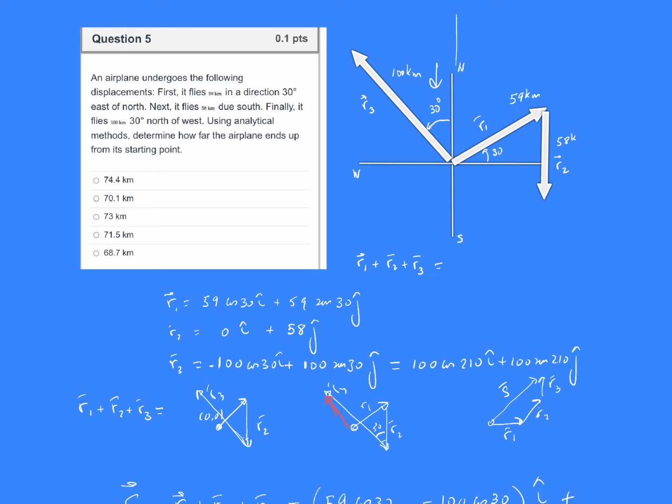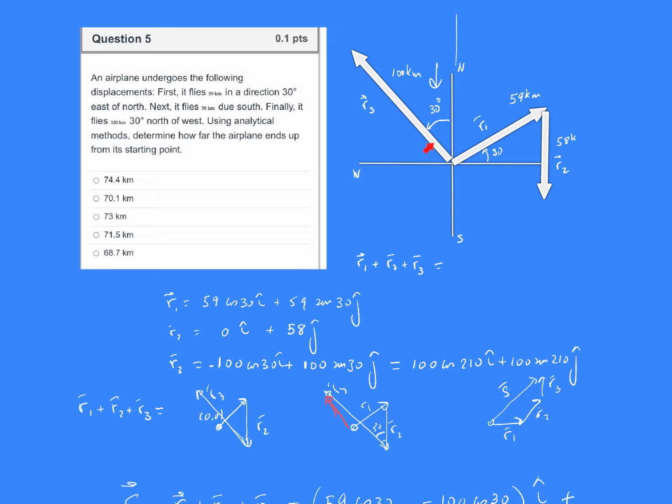Well, we join the tail of the first with the head of the last one. So this is the sum. So we have to join the tail of the first one with the head of the last one, of R3. So R1, R2, and R3.